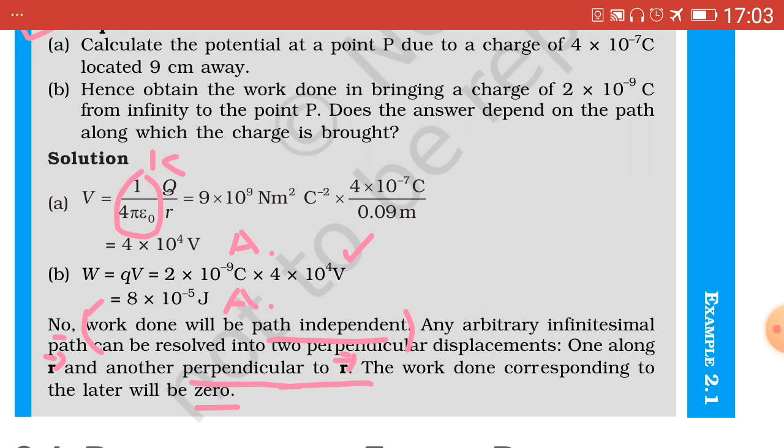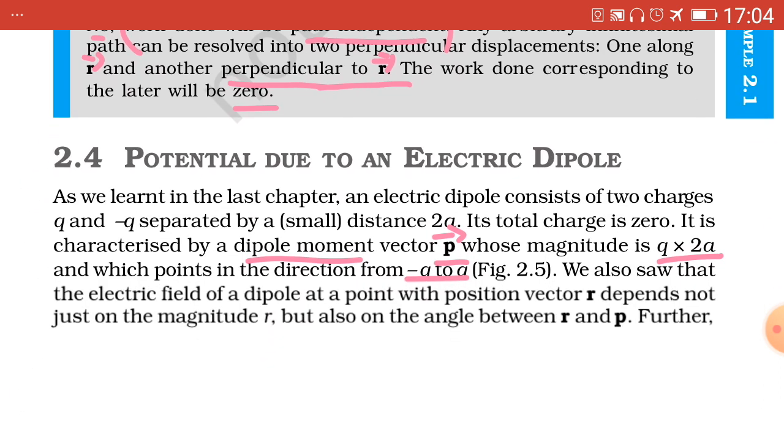We have W equal to minus integral F vector external dot dr vector. So dot product cos theta comes and cos 90 degree equal to 0. Hence work done corresponding to the perpendicular component will be equal to 0. This ends this sum. Now next topic.